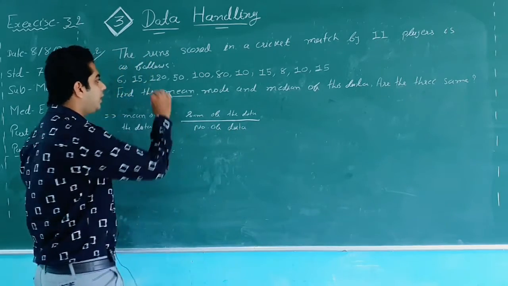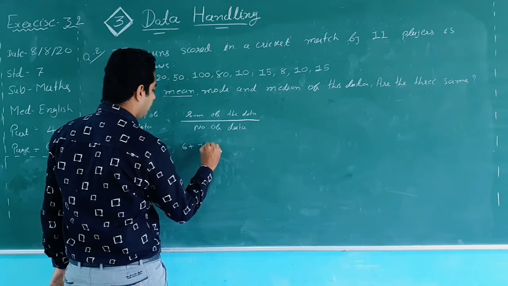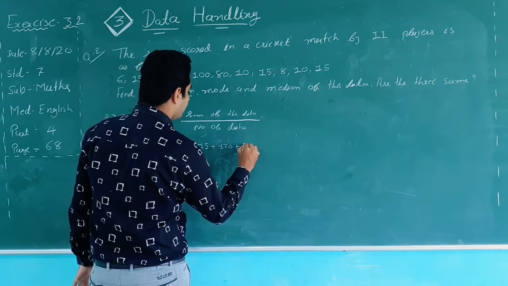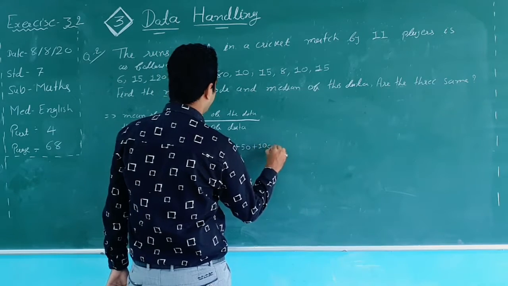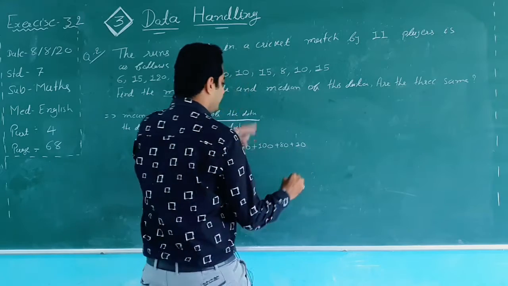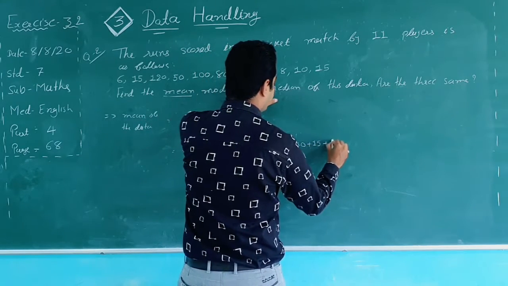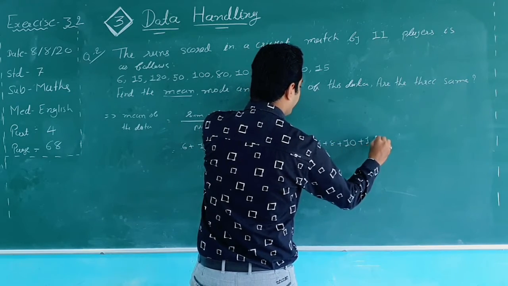Now the sum of the data is what? Whatever data is given, we will add all of it. So 6 + 15 + 120 + 50 + 100 + 80 + 10 + 15 + 8 + 10 + 15.